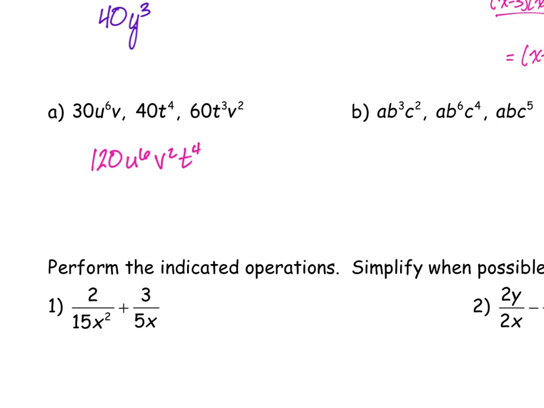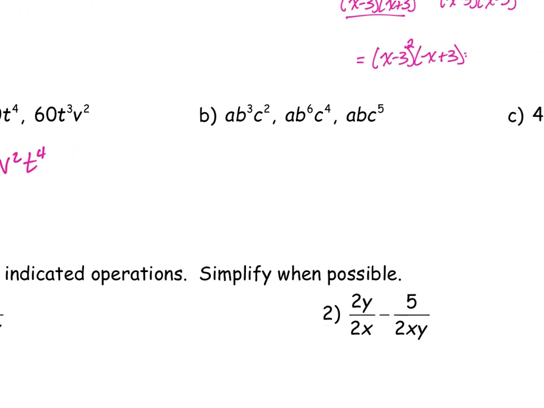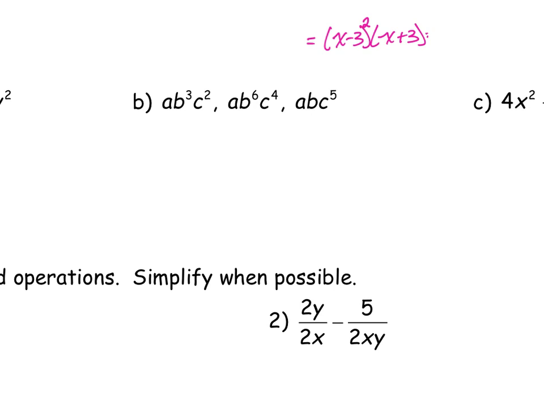And then for B, let's see, I've got A, and A. So A is the smallest number that A goes into. B cubed, B to the 6th, and B. So that would be B to the 6th. C squared, C to the 4th, C to the 5th would be the smallest. So there's my common denominator there.